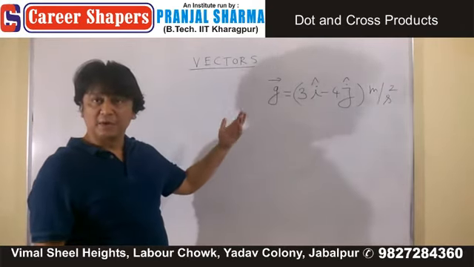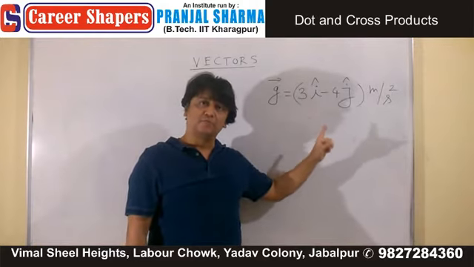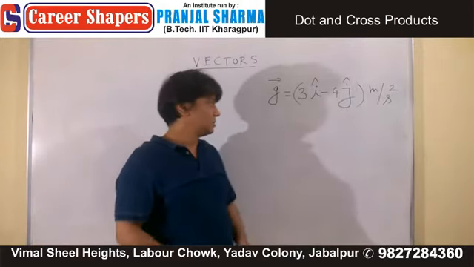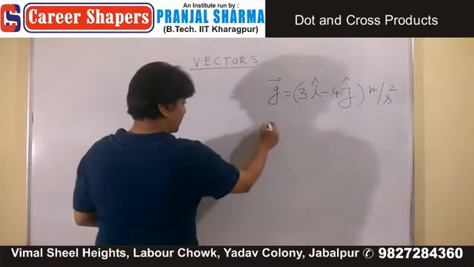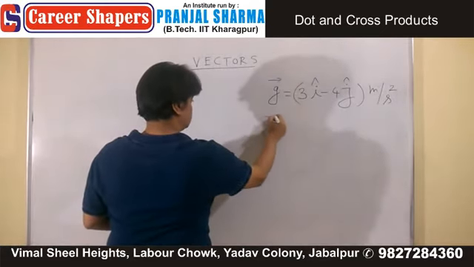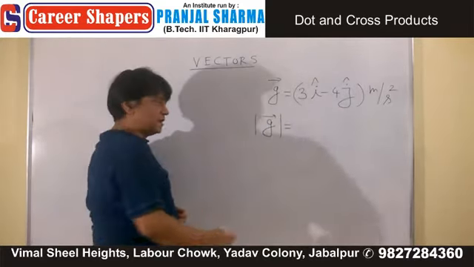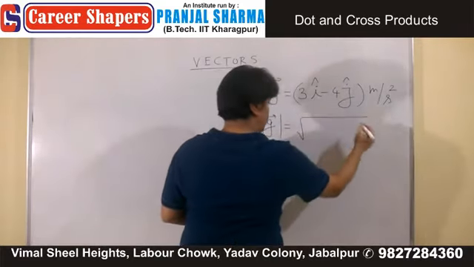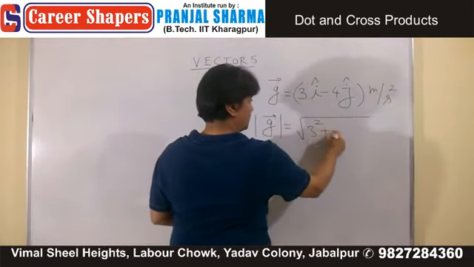Now, the aim is to find magnitude and at the same time we need to provide direction. So how do we do that? If you are looking for magnitude, then it's a very easy and elementary thing. Simply do what? Coefficient of I, square of that.